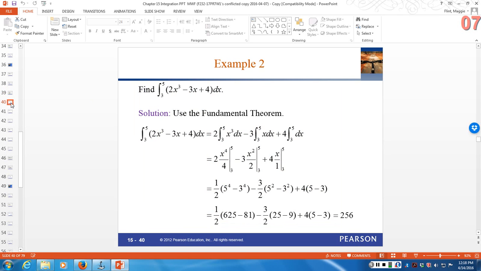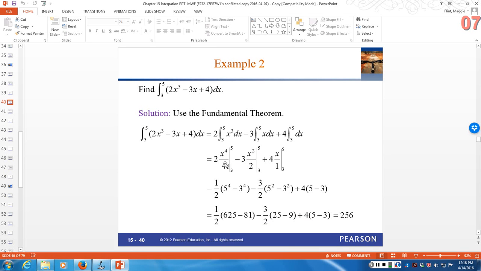So here's the second example. The way that we use the rule is you take the integral of the first term minus the integral of the second term, added to the integral of the third term, and then you plug in your limits.